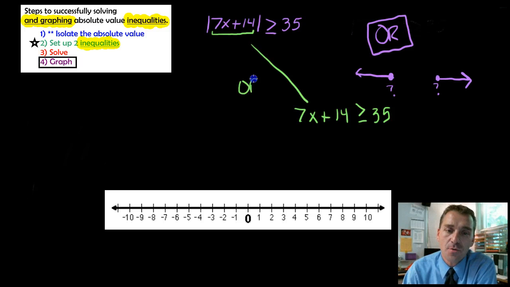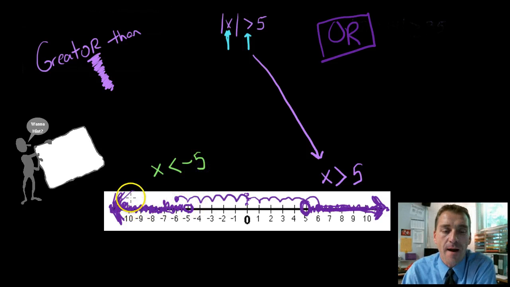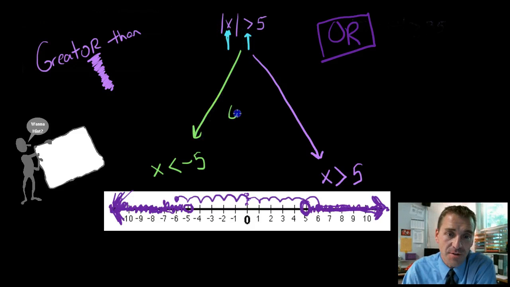But there's another situation, an OR, which goes back to this one. The other side is down here. I want x to be less than negative 5. I want everything down here below negative 5 because that makes it more of a distance than 5. So there's my 2 scenarios in this one. Same exact thing applies with the bigger one.